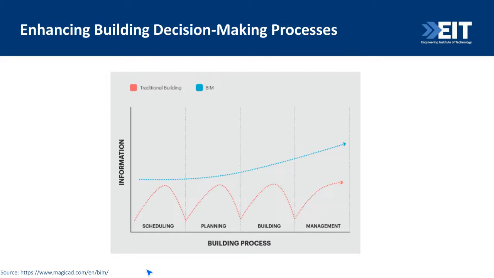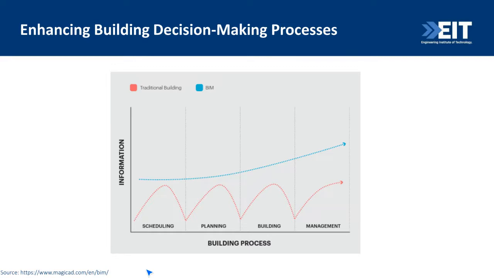So again, regarding the project documentation, it's also important to highlight the quantity and the quality of information generated during a construction project. So by utilizing traditional methods, when teams move from one phase to another in the project, some information from the previous phase is lost.